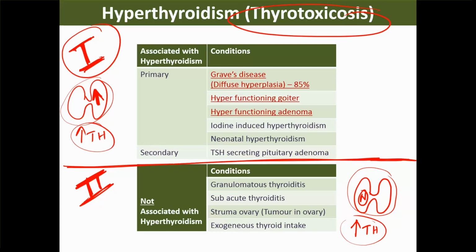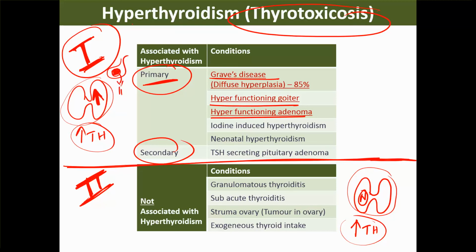Category 1. The primary disease, that is, something is stimulating the thyroid gland directly, could be Graves' disease and hyperfunctioning goiter, or it could be a hyperfunctioning adenoma. Secondary is like there is a pituitary tumor which secretes more TSH, that is stimulating the thyroid gland.